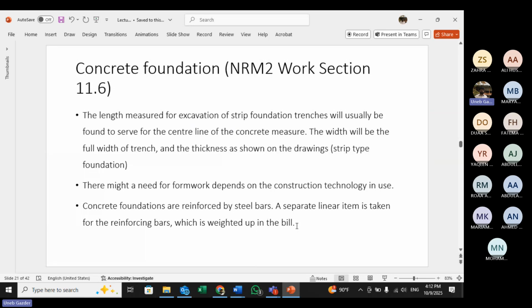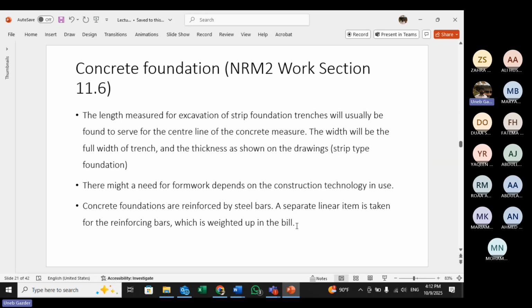There might be formwork requirements, depending upon the type of construction method you are using. And concrete foundations usually have steel bars in them, obviously, and we have calculated the steel bars for this in the previous lectures as well. Even in the last lecture after the quiz, we did the calculation for the steel bars of the footing. So this is a separate item.